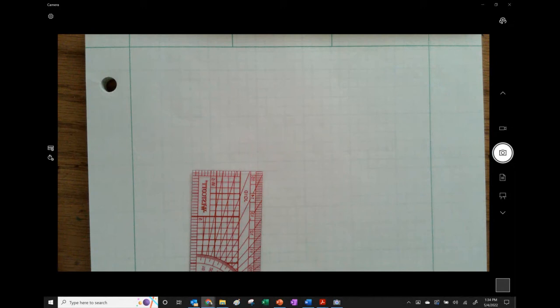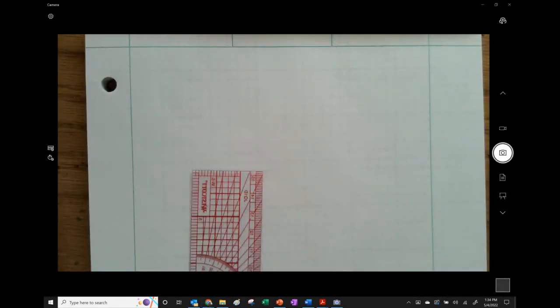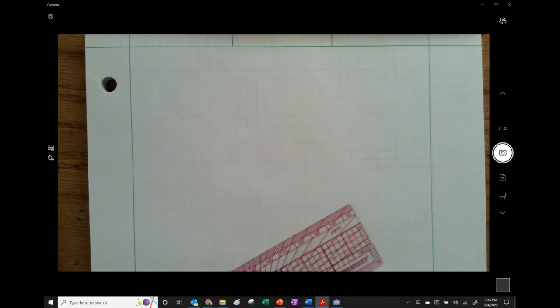Still there? They look like you're still there. No, it's not working. What is wrong with you? My PDFs are mad at me. While I'm waiting for this computer to decide to open something up, anybody have a request? A type of problem or a specific problem?